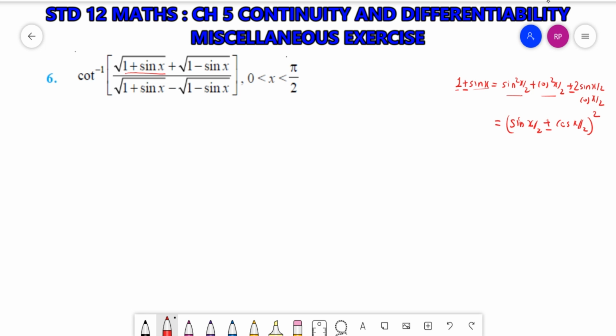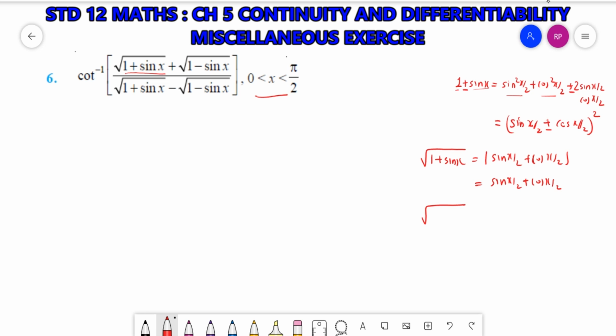Okay, so when I take square root of 1 plus sin x, the square root and square will cancel, so sin x by 2 plus cos x by 2 modulus. Now it is in the first quadrant, so both are positive. So this will be sin x by 2 plus cos x by 2.